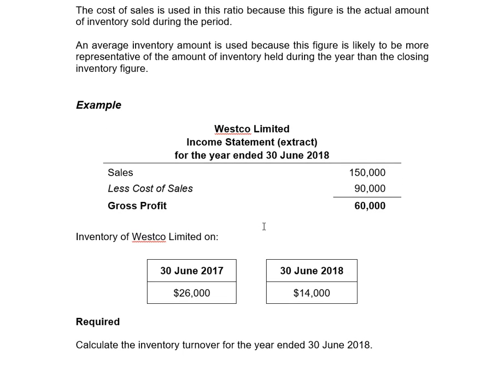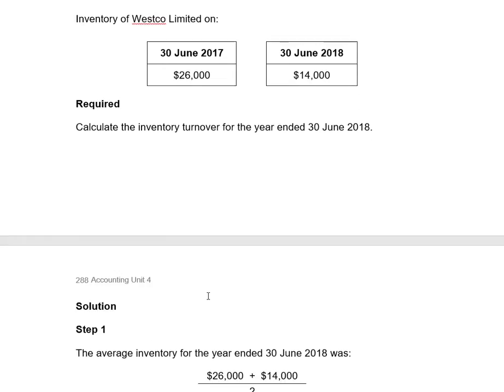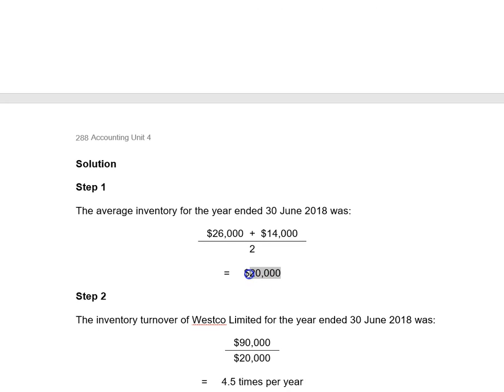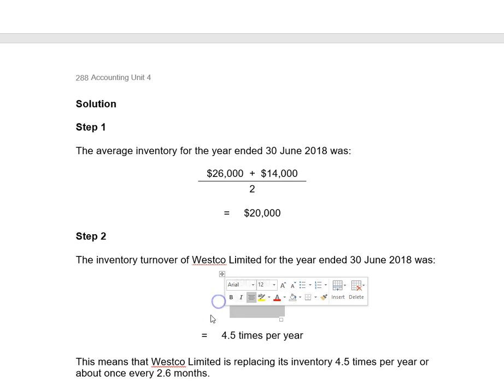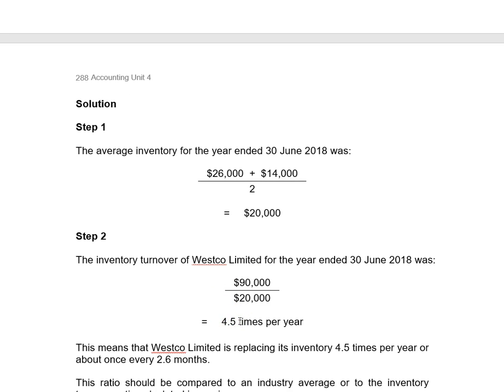When you are required to calculate the inventory turnover for this example, you would need to average the inventory out. So the answer is 20,000. And then you take the cost of sales divided by 20,000. You get about 4.5 times a year. So this means that the company is replacing its inventory 4.5 times every year.